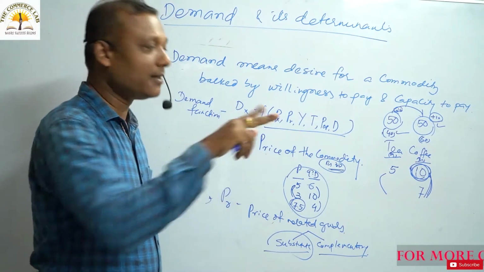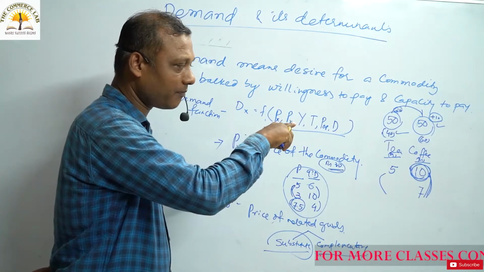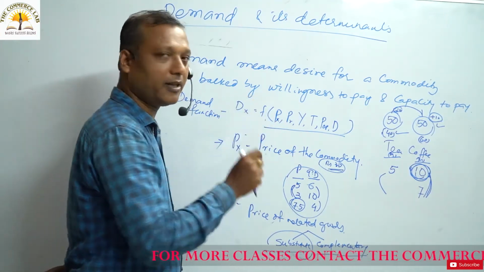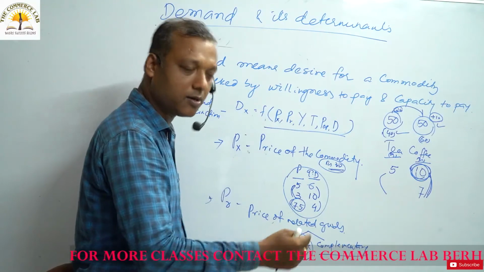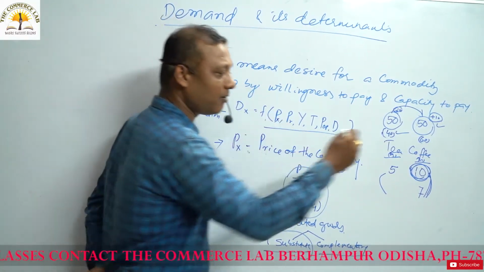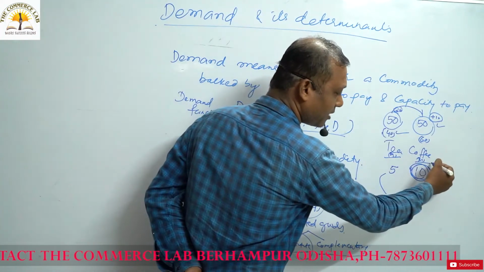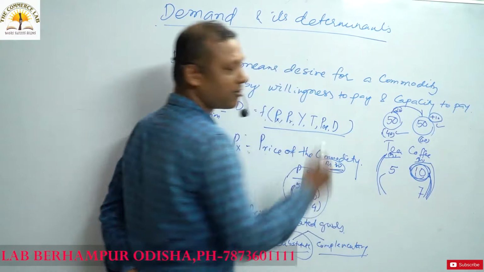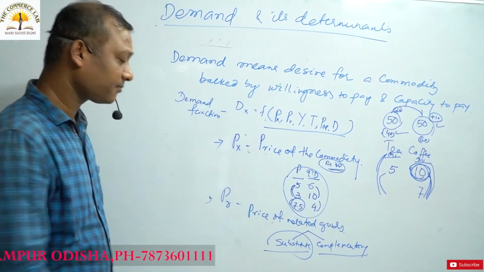Positive in the sense that in the two variables, price and commodity, tea and coffee, when the price of one variable goes down, the quantity demanded of the other variable also goes down. Take for example, when the price of coffee falls, the demand for tea falls. This is the meaning of substitute goods.